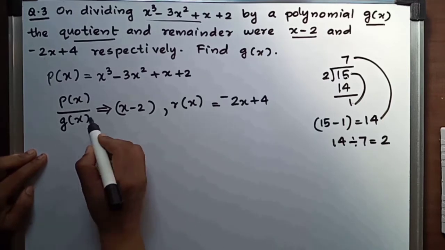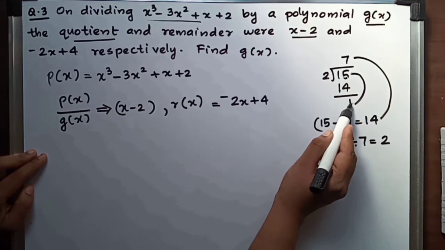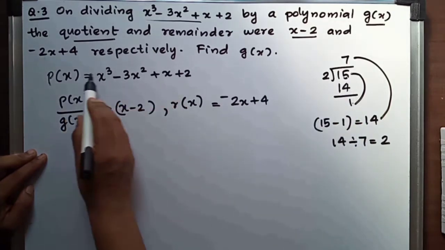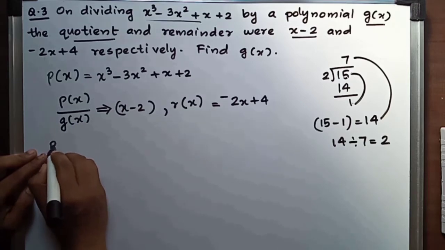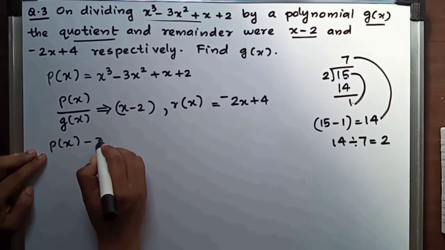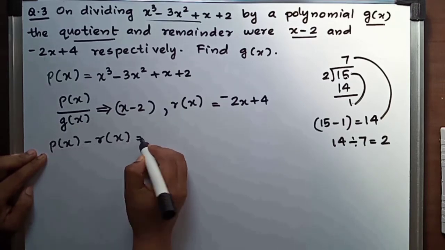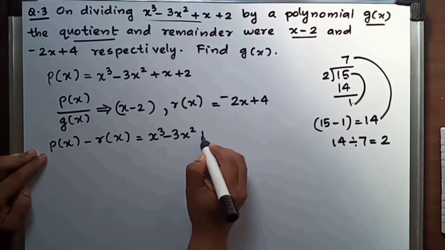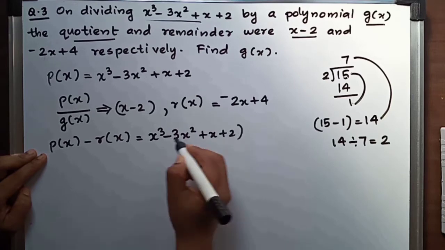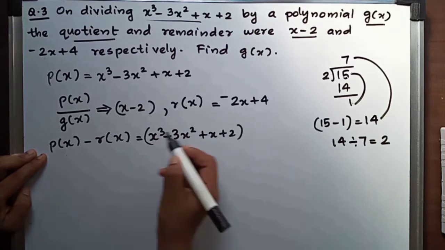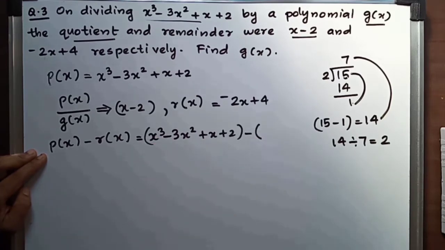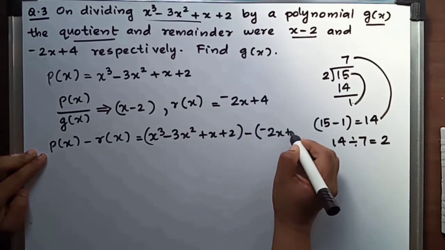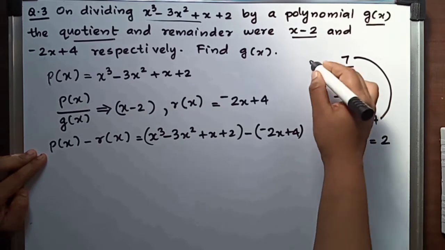So first we have to subtract the remainder from this function, the polynomial p of x. So p of x minus remainder: x cube minus 3x square plus x plus 2, the given polynomial, minus the remainder term, which is minus 2x plus 4.